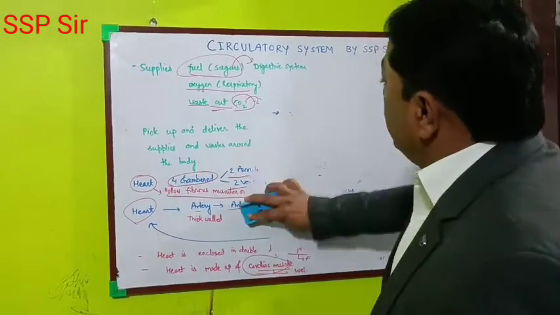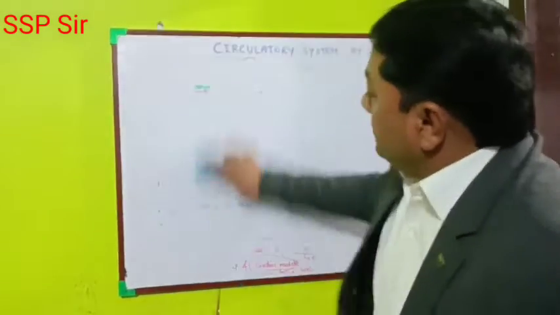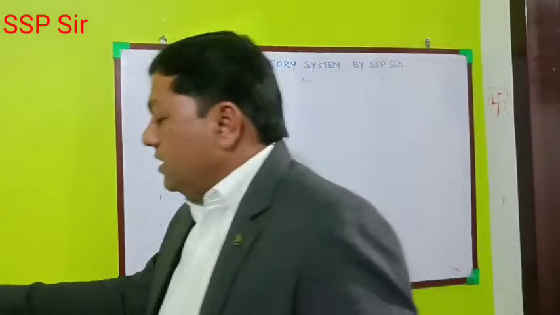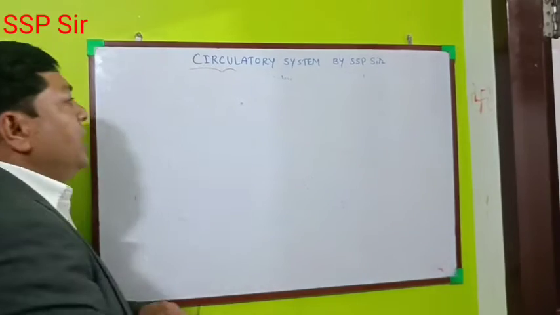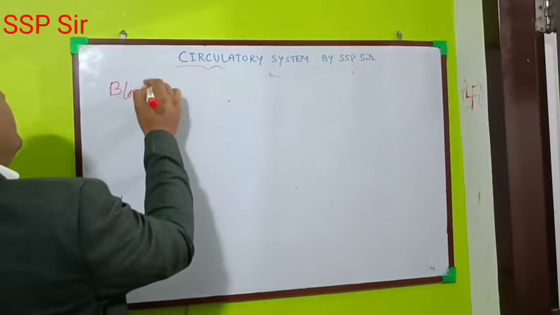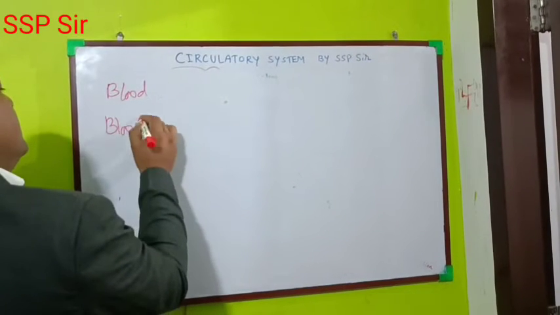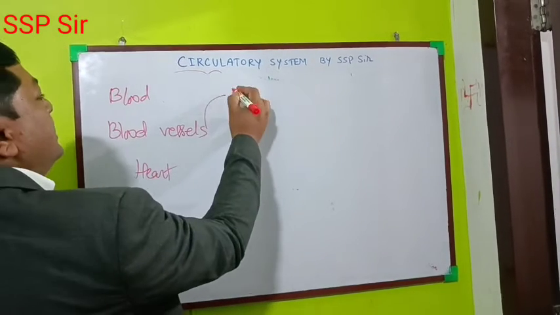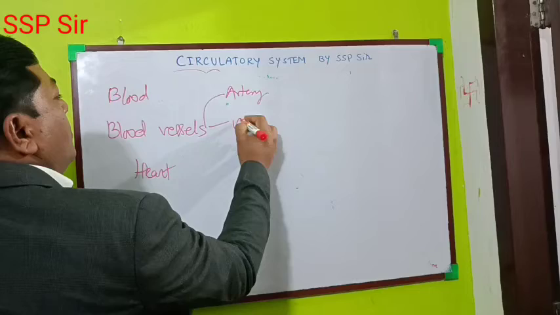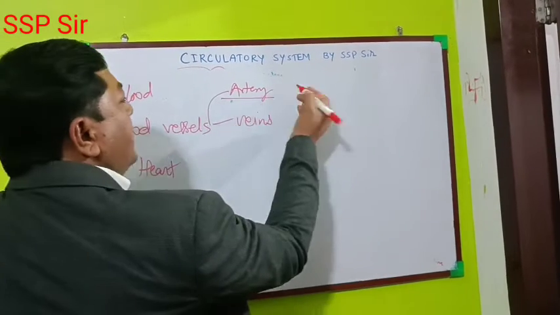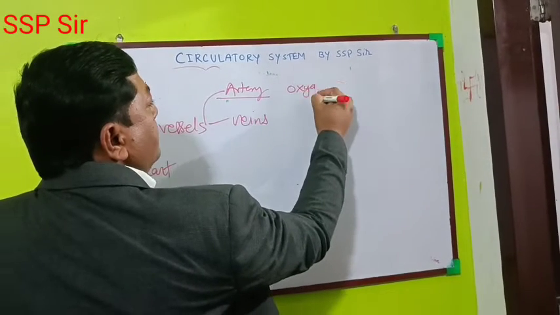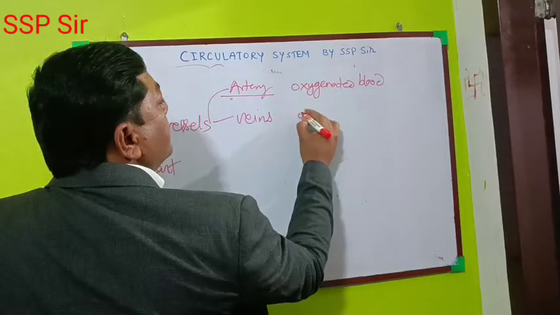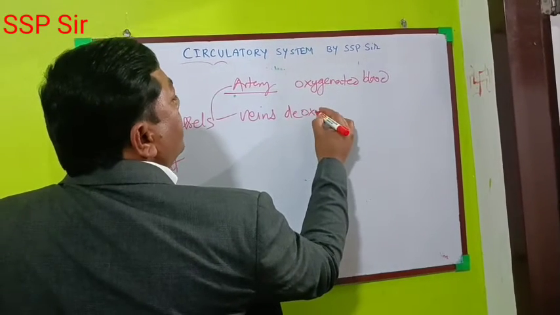I have told you that this system contains blood, blood vessels, and heart. Blood vessels are arteries and veins. Arteries contain oxygenated blood, and veins carry deoxygenated blood.